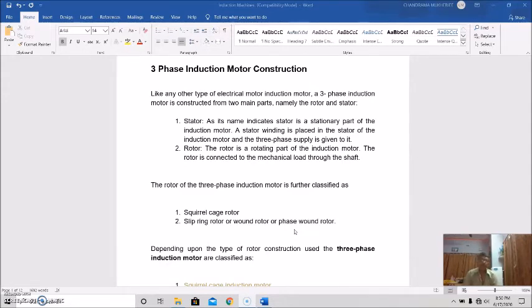So what we have seen so far is that the three-phase induction motor or induction machine has two main parts.